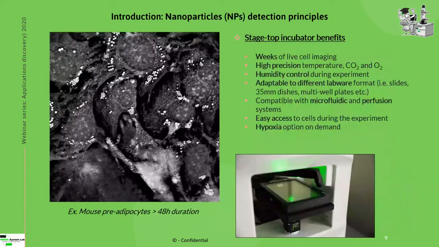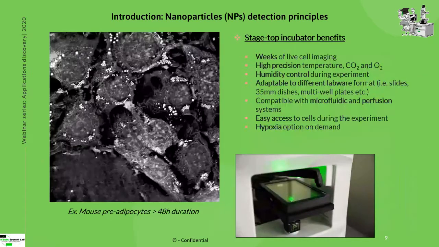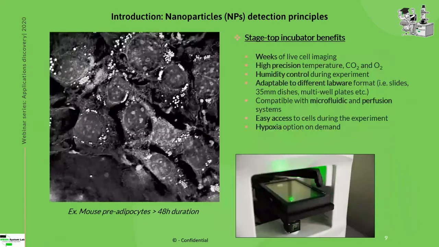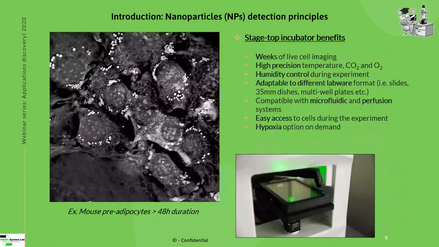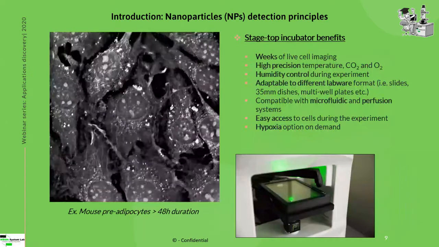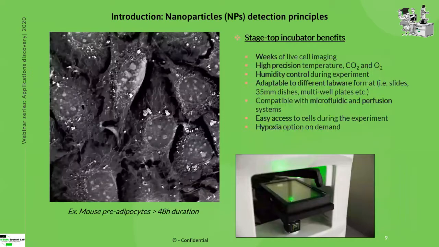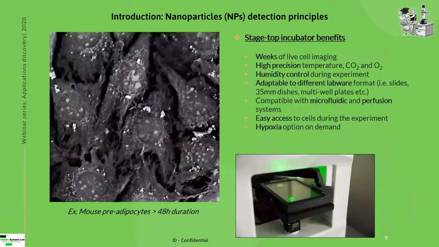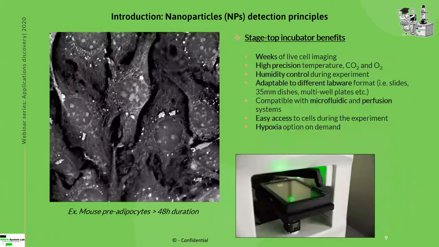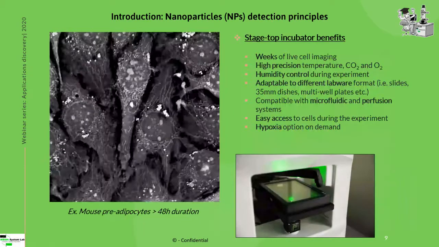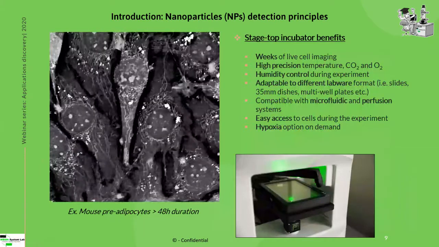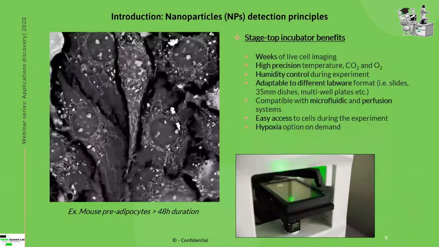So in case you want to inject nanoparticles at a different moment, you can also perfuse, continuing to grow the cells and injecting growth factors. So you have very good control of your sample inside the chamber. Moreover, it has very easy access, and the hypoxia option is also available on demand.